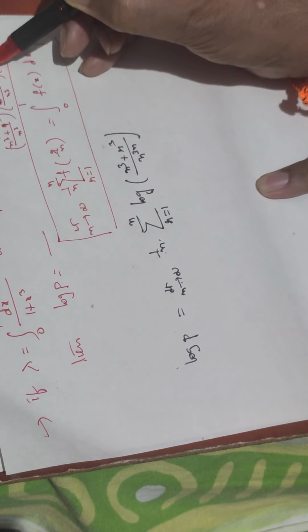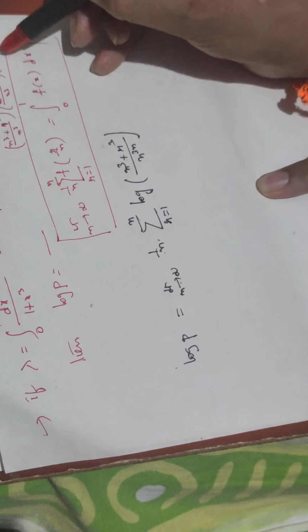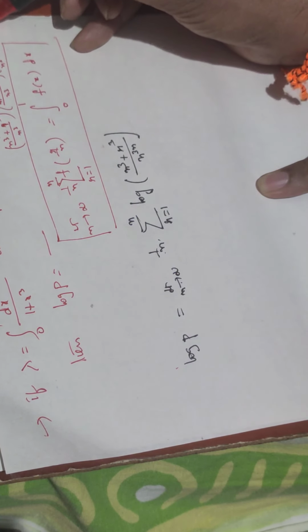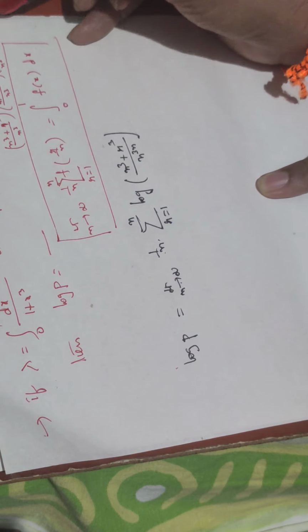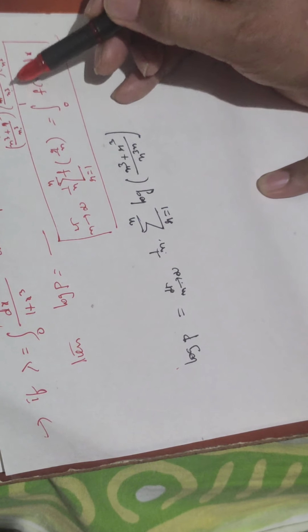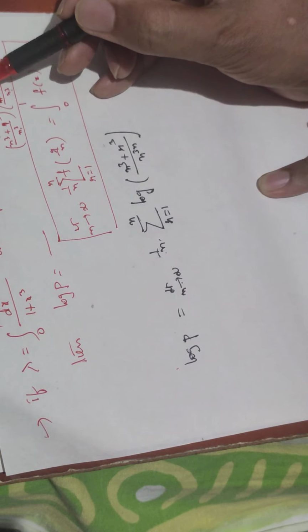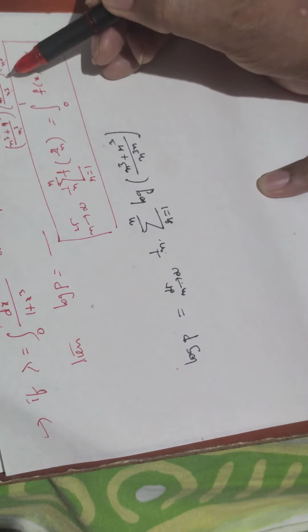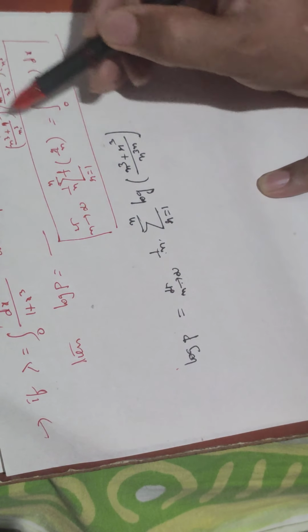Next n cube plus 3 cube by n cube, and so on. The last term is n cube plus n cube by n cube. So in your denominator, n cube into n cube into n cube, how many times will we get n cube? N times. So that is n cube whole power n. This is actually the given product.